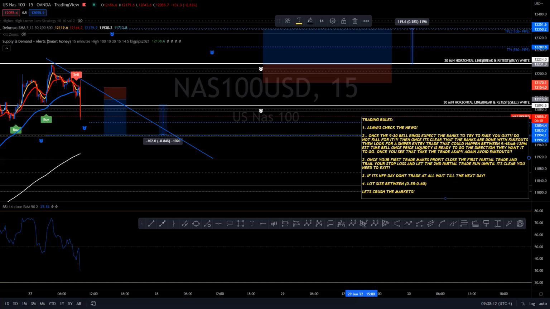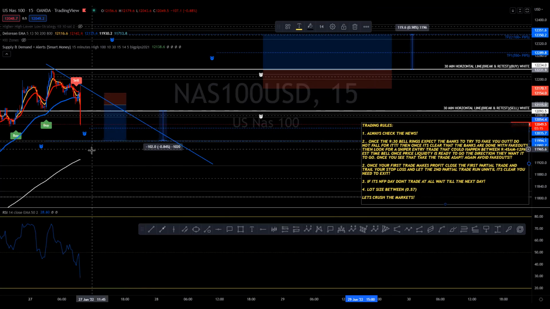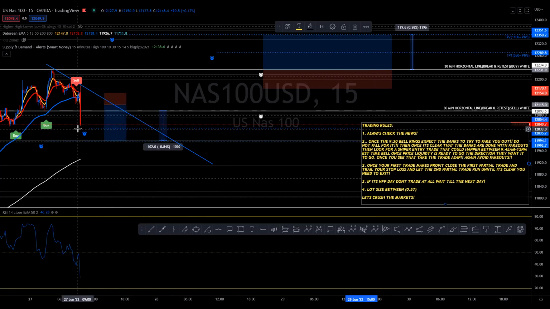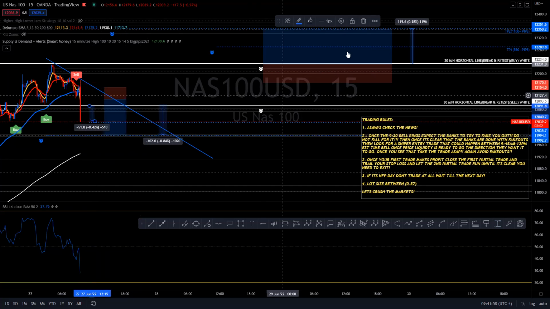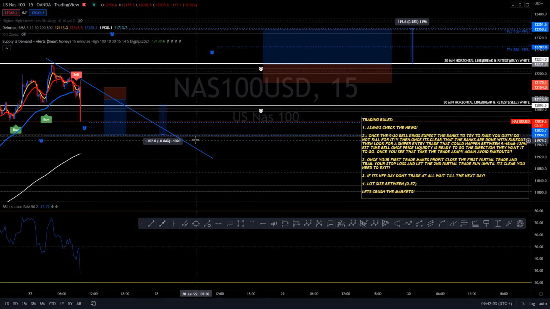I'm going to pause this recording and see if price drops a little bit harder. Be right back. My price is dropping even more. This is amazing. I believe it's close to my first take profit. This was about 510 pips and it's still pushing. I'm going to see if it hits my take profit. If it does, then I'm going to end this session.